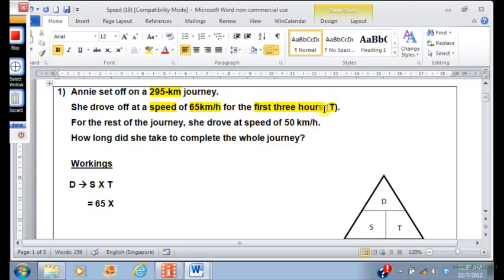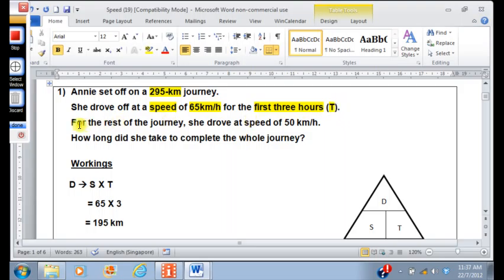Please check whether the time is in hours, because in our speed it is 65 kilometers for every hour, times 3. So we don't have to change hours to minutes since our speed is given in hours. Now this will be 195 km. This is the distance she traveled for the first 3 hours. So we have already done with our workings for this sentence.